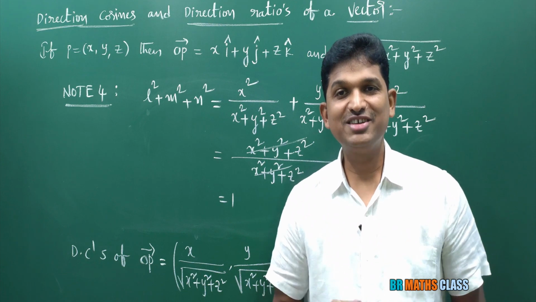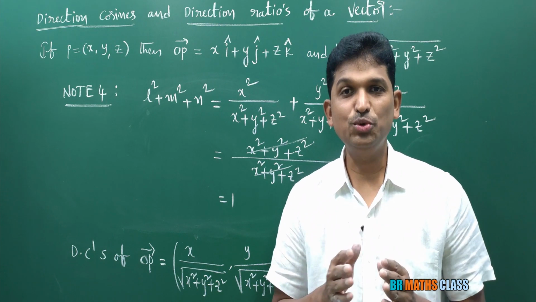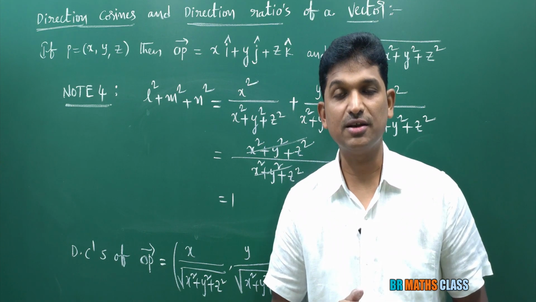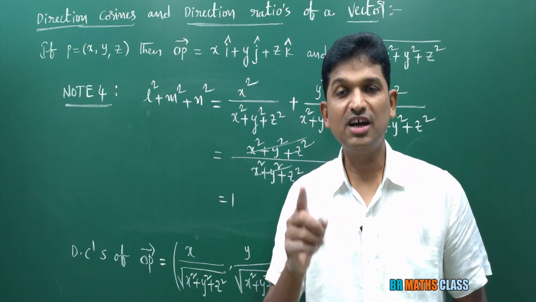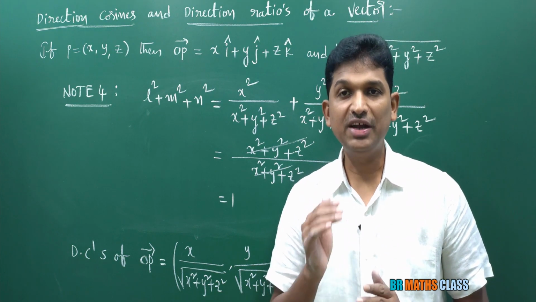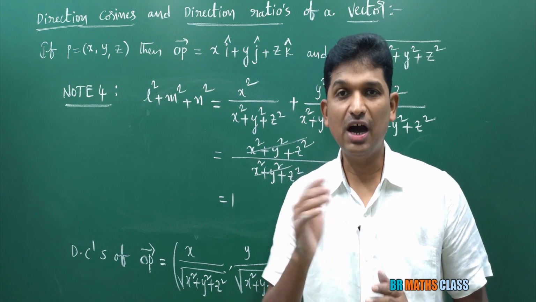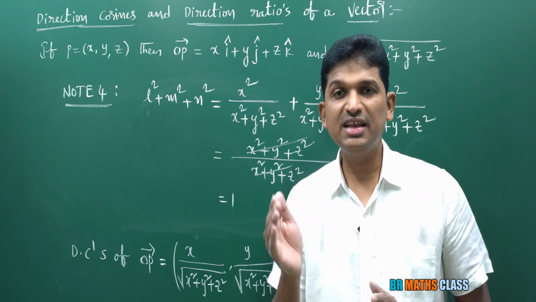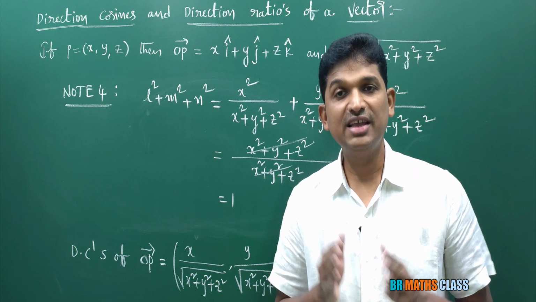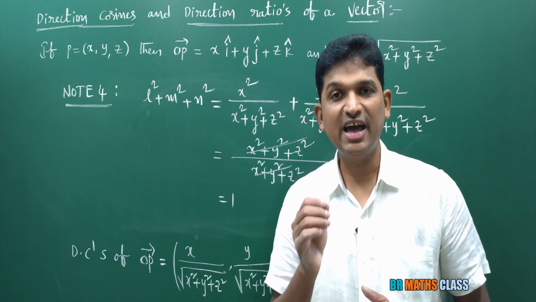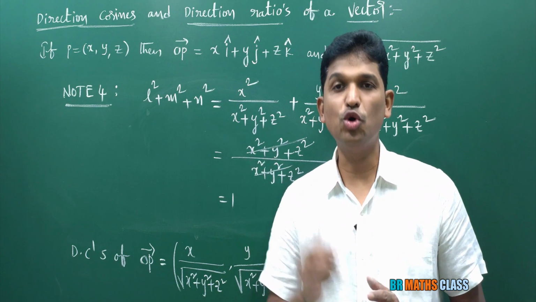Even though the video is getting lengthy, I'll try to quickly recall what you learned about direction cosines of a vector. Let P equal to x comma y comma z be a point in space, and the vector OP bar makes an angle alpha with the x axis, beta with the y axis, and gamma with the z axis. Then cos alpha, cos beta, cos gamma are known as direction cosines of the vector OP bar.